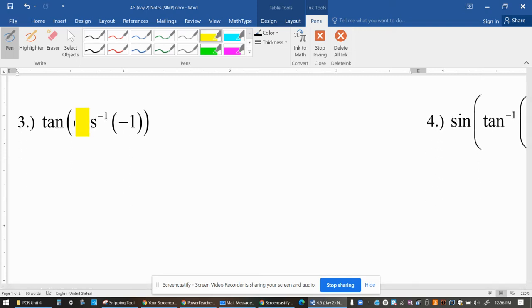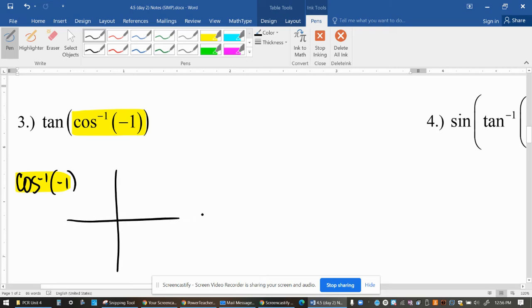Work from the inside out. So cosine inverse of -1. Cosine inverse is restricted to quadrants 1 and 2. Now, which angle, 30, 60, 90, or 45, 45, 90, would have adjacent over hypotenuse that equals -1, essentially -1/1, right?